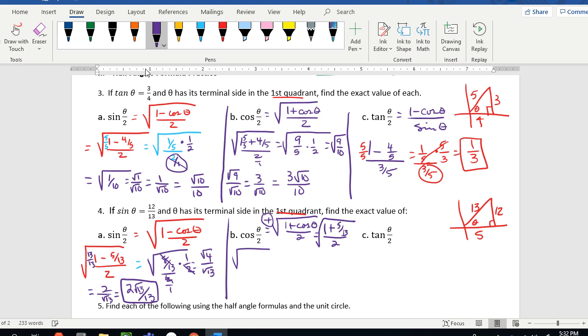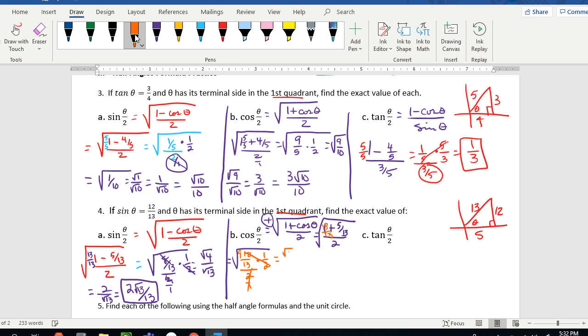Okay, so this gives me the square root of 13 over 13 plus 5 over 13, so that's 18 over 13 over 2. So I'm going to put it over 1, keep, change, flip it, 1/2. That's gone. 2 goes into 18 9 times.